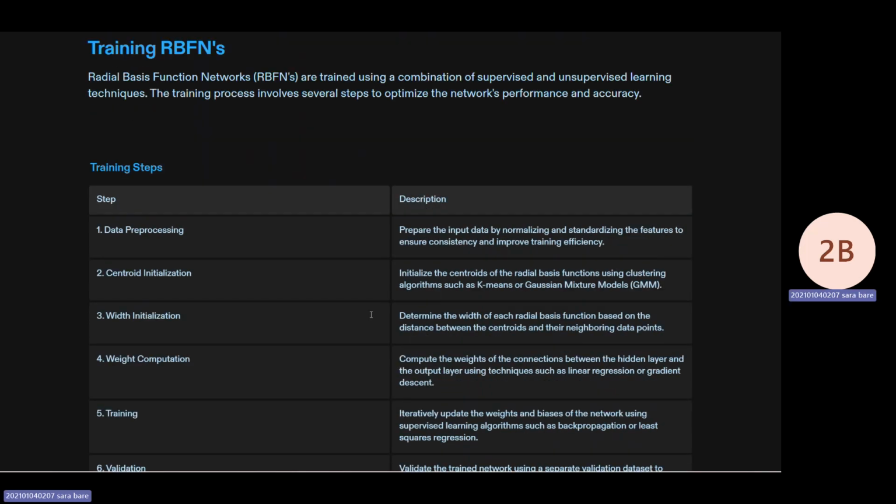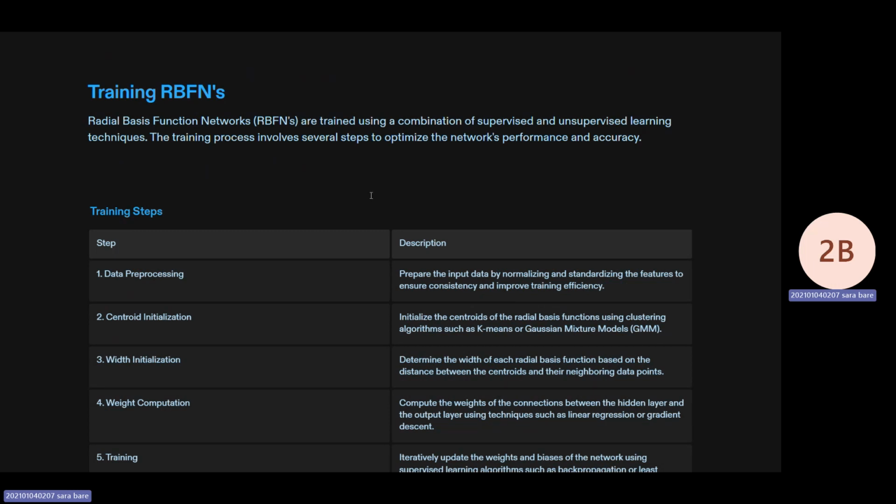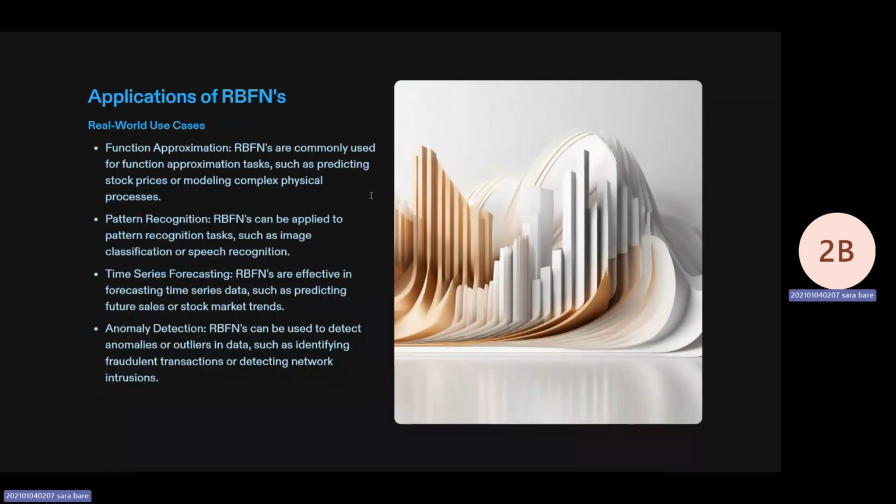So next, we will move to the applications of radial basis function network. So real-world use cases, function approximation. They are used for function approximation tasks such as predicting the stock price or modeling complex physical processes. Then for pattern recognition, such as image classification and speech recognition.